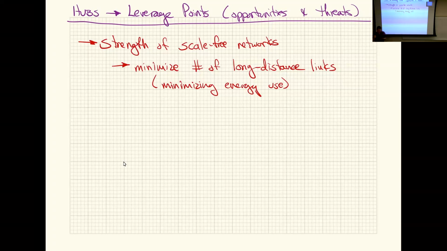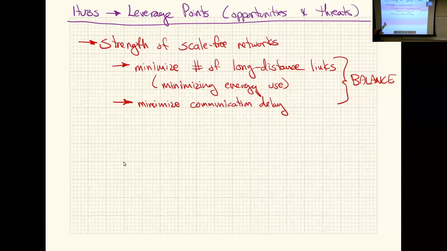And so you do see scale-free networks in the brain. At the same time, they minimize the communication delay. So they are a nice balance between these two things.